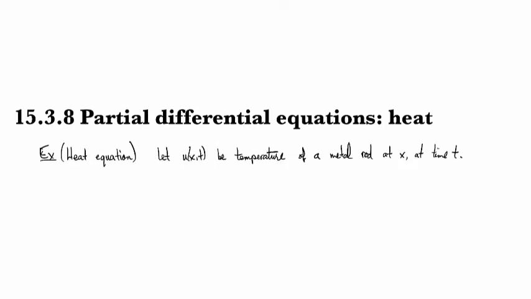Just like we saw for the wave equation, if we take a bar, say of length L, here's the interval from 0 to L, this is the x-axis, and we start off with, say, we drop a hot coal right onto some portion of the bar right here, then the temperature profile might look something like this right when we start, so at time 0. So here's the heat profile at time 0.